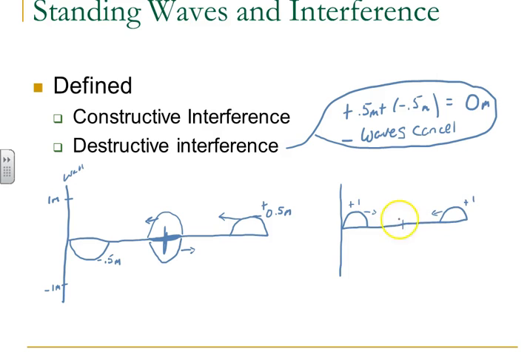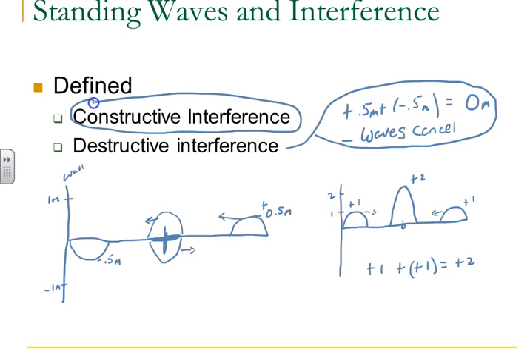When they encounter here in the middle, positive 1 plus positive 1 equals positive 2. So what's going to happen is that if this is positive 1 and this is 2, when these waves meet right here in the center, the wave's going to get bigger. So this is going to be a positive 2. This is constructive interference. Wave building.